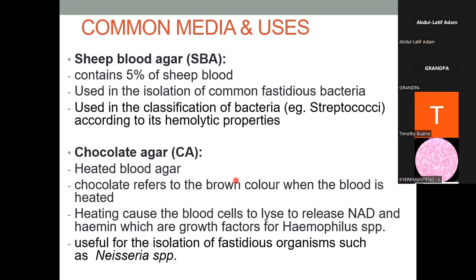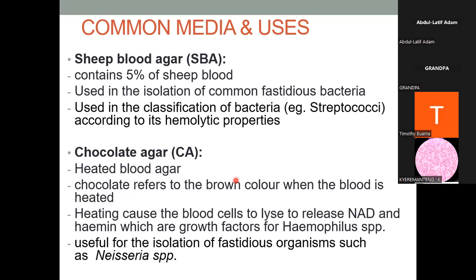That's how come Haemophilus grows very well on chocolate agar, but doesn't grow on sheep blood agar. The same sheep blood agar, once it has been heated to give you the chocolate, the cells are hemolyzed, they release the X and V factors, and Haemophilus will use them and then grow. So that's the simple explanation.